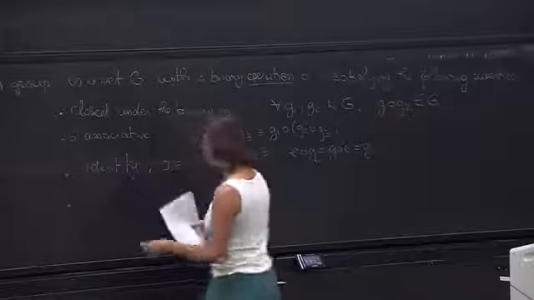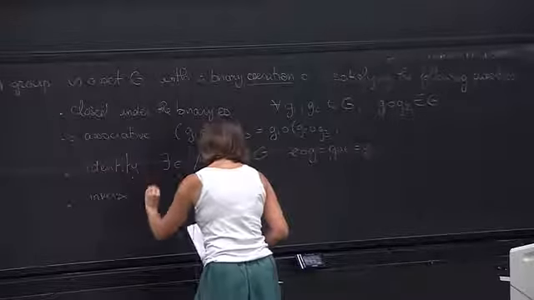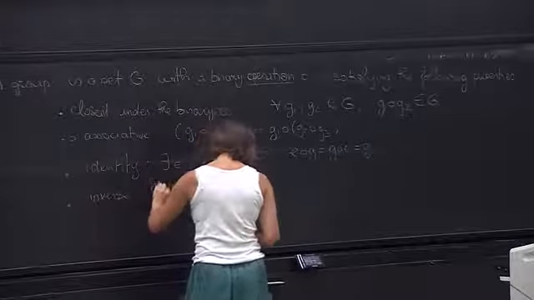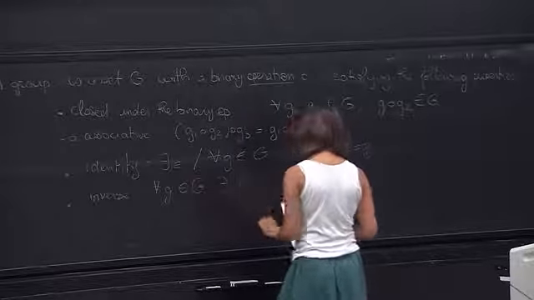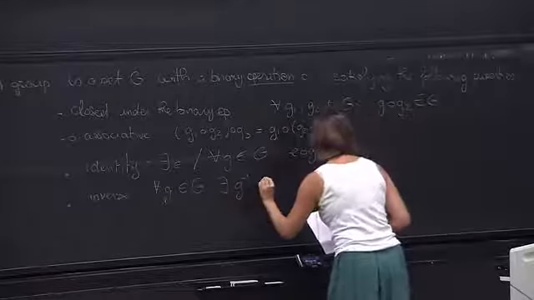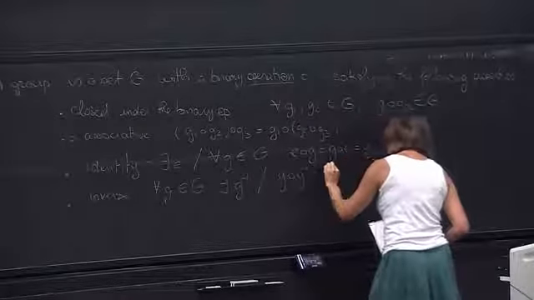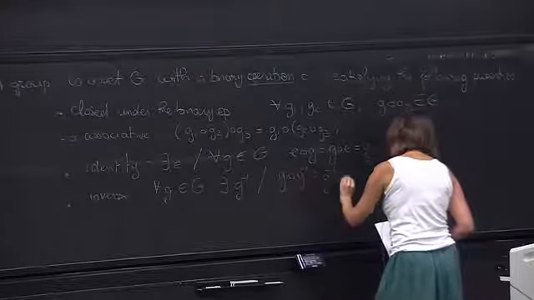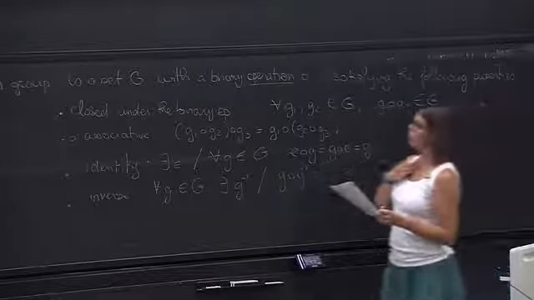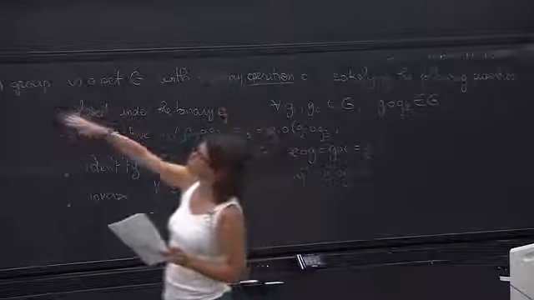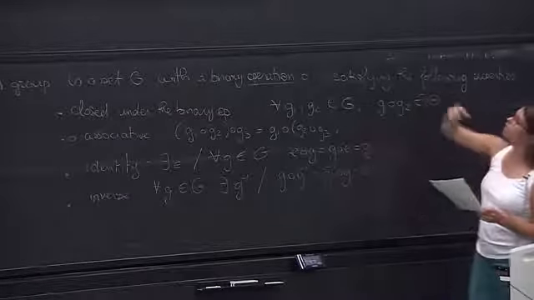Then the group has an inverse. This means that for any g in your group, there exists an element g^-1 such that when you combine them with your binary operation, you go to your identity. And of course, using the tables of multiplication or addition of the two sets we consider here, you can find the inverses for all elements.